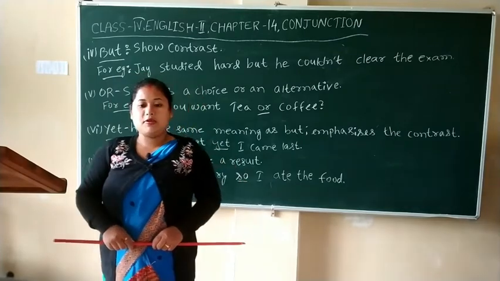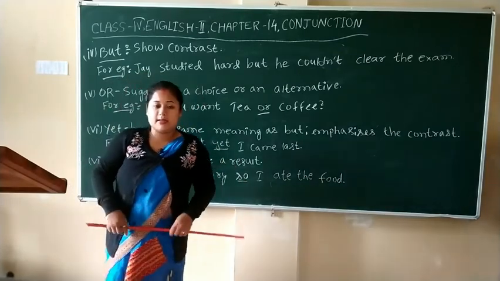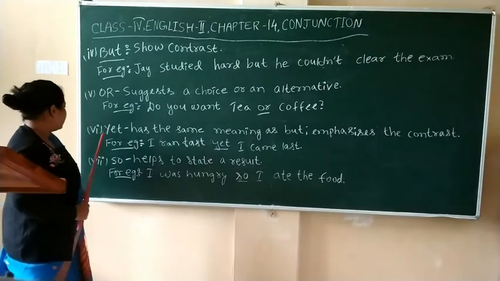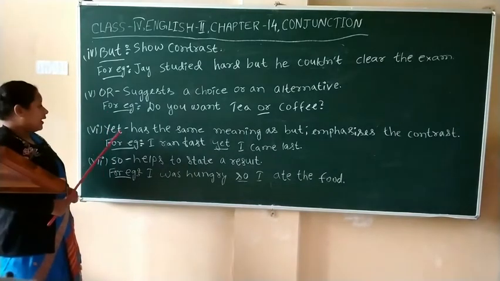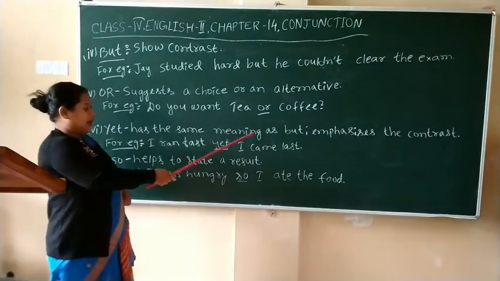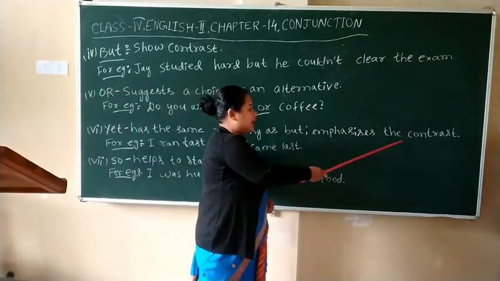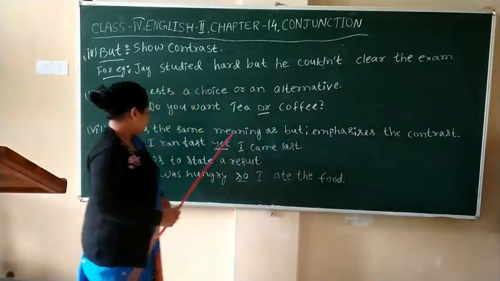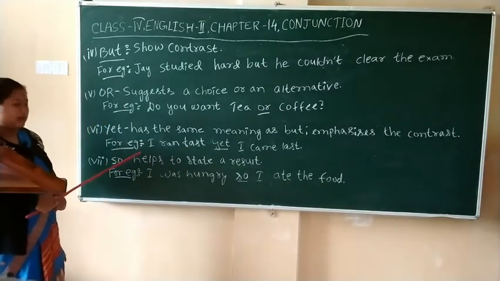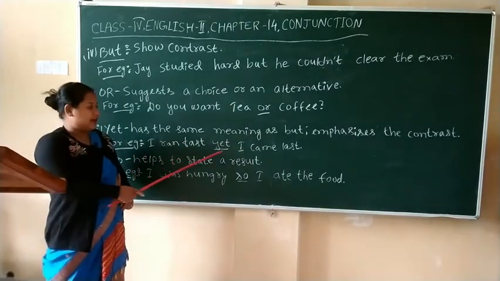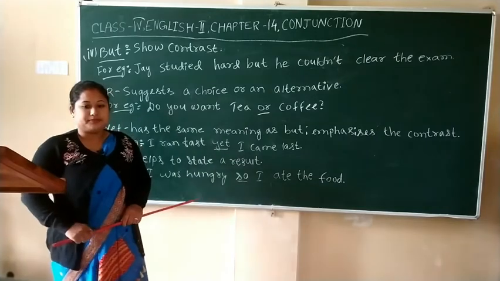The next coordinating conjunction to be discussed is yet. Yet has the same meaning as but. It emphasizes the contrast. For example, I ran fast, yet I came last.